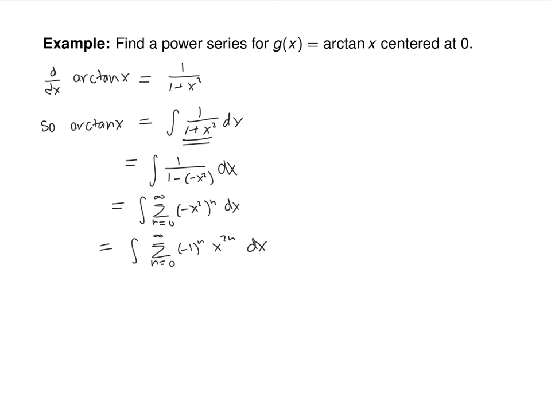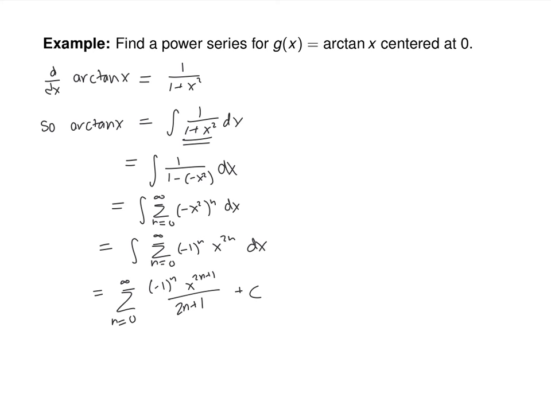Now the antiderivative of x^(2n) will be x^(2n+1) over 2n + 1. So our power series representation for arctan is the sum from n = 0 to infinity of (-1)^n x^(2n+1) over 2n + 1, plus some constant c.